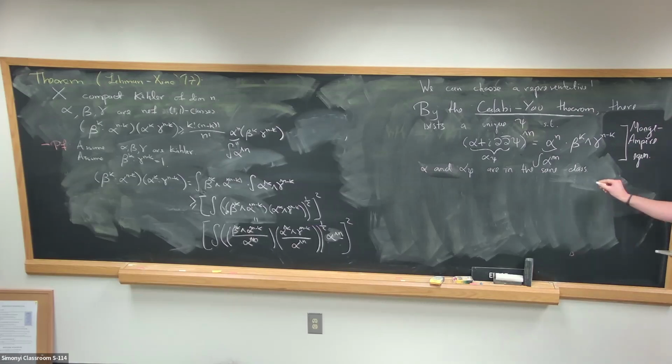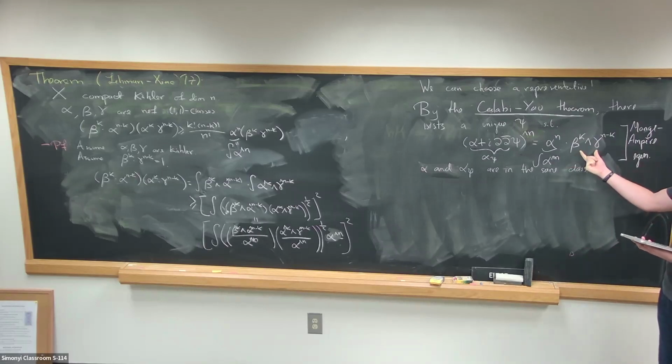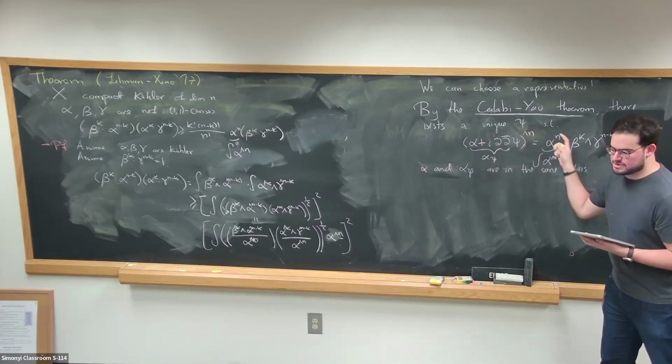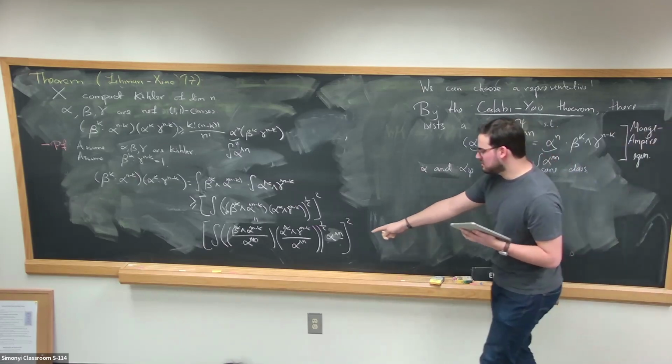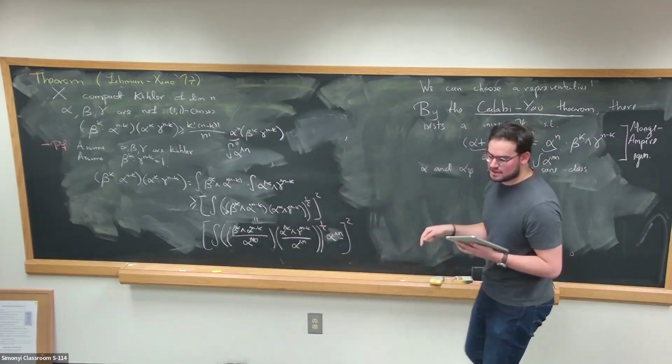Question. We have alpha, beta, gamma fixed Kähler. Yes. This guy in reality is not that incredibly important, but the important thing is that there is a solution to this equation. And so in our inequality, we can just change all the alphas over here for alpha psi.